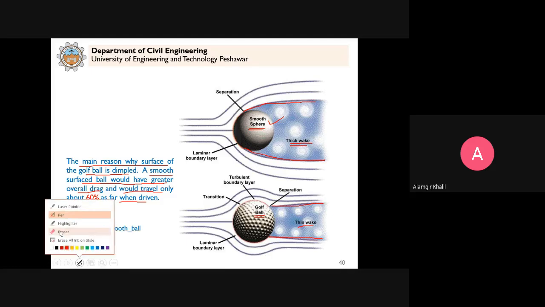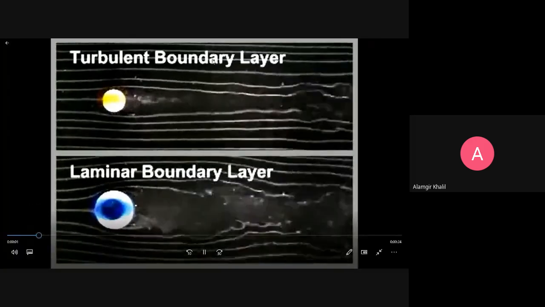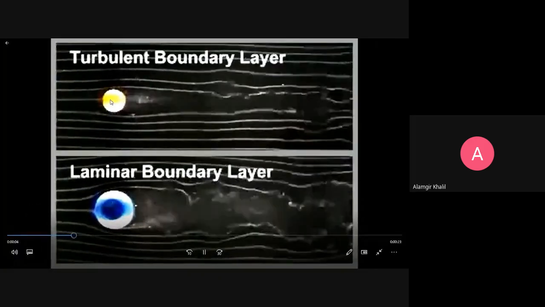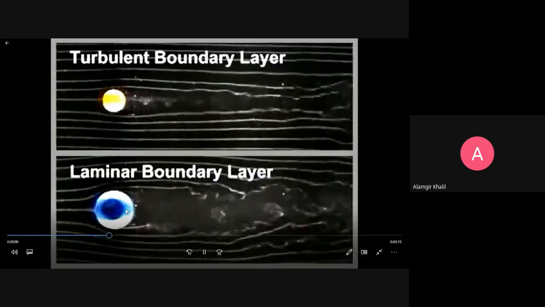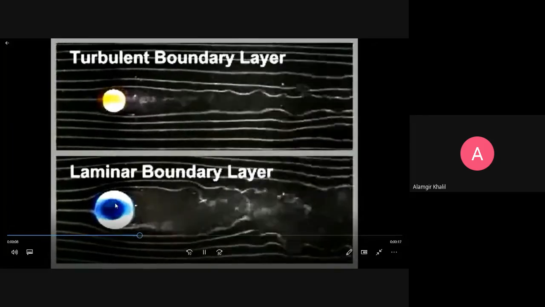So you can see here that with a turbulent boundary layer, the golf ball will travel faster as compared to the laminar boundary layer.